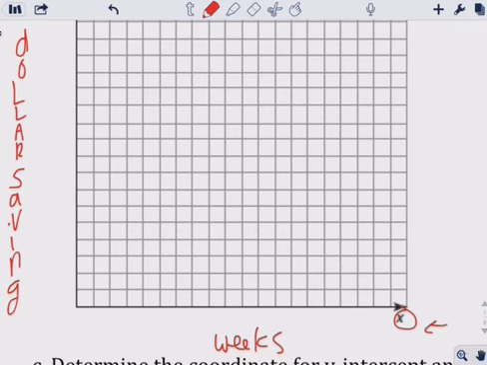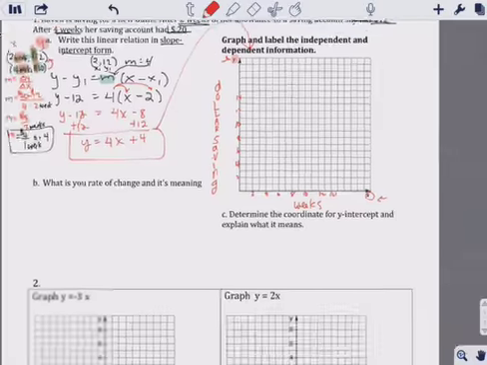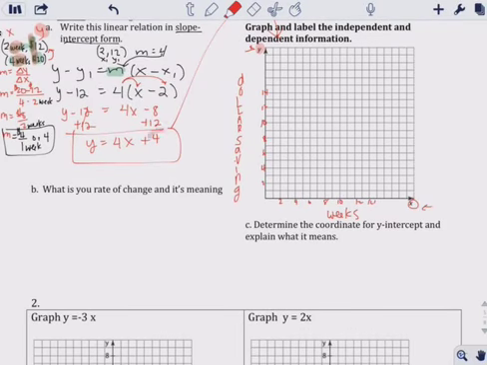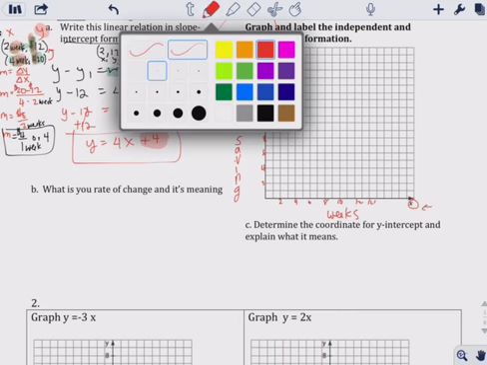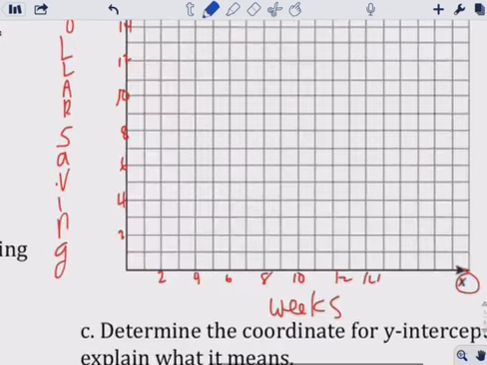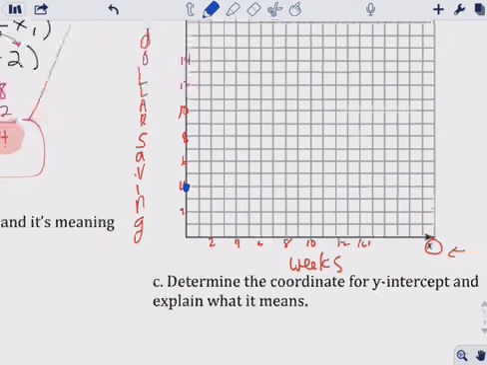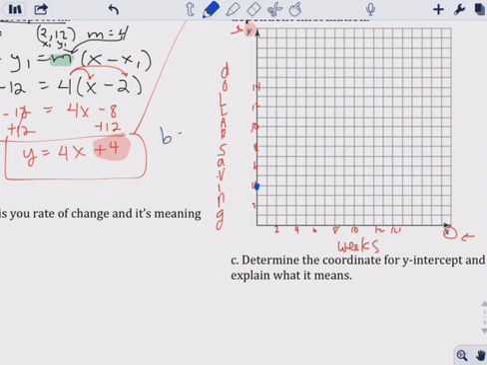Okay, and you need to number the graph 2, 4, 6, 8, 10, 12. Your y-intercept, you graph this, your y-intercept is at 4. So b is at 4.